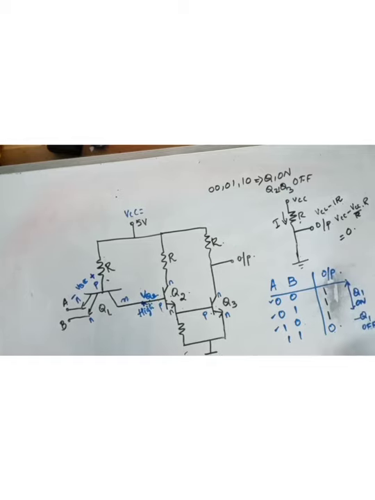So this is 0. So which gate does this look like? If one of the inputs is 0, Q1 is on, then the output is 1. If both the inputs are 1, then the output is 0 because Q1 is off. This is a NAND gate.